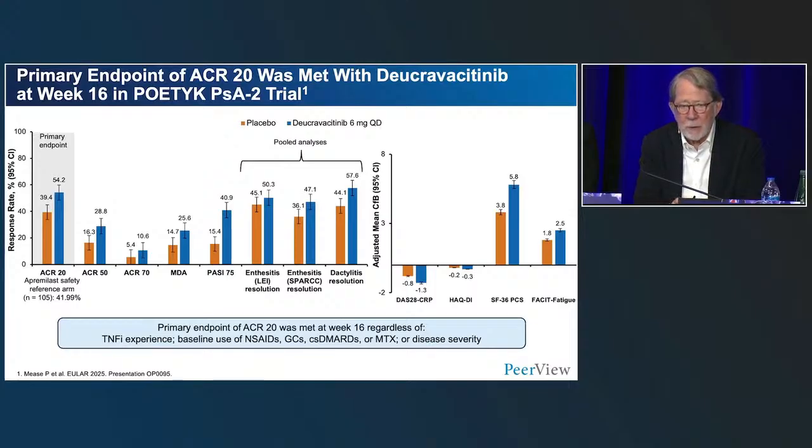These are the results that were presented at the EULAR meeting 6 months ago. As you can see, in multiple domains, the drug was effective with statistical separation from placebo, 54% at week 16, and stay tuned because I'm going to show you shortly the week 52 results, and the ACR 50 and 70 responses there.